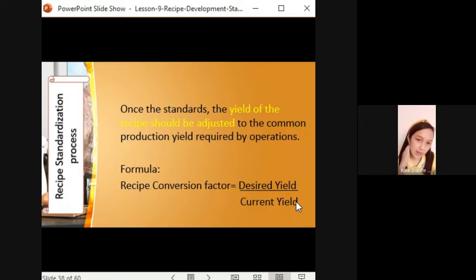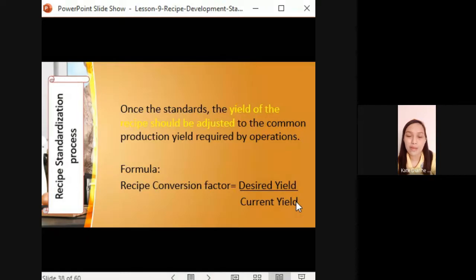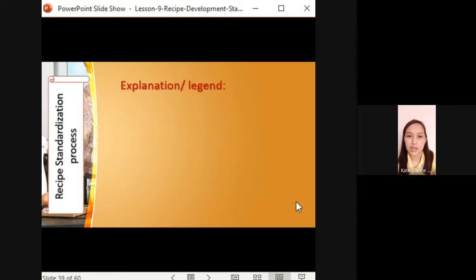Okay, naintindihan? Again, to get the recipe conversion factor, we will divide desired yield by the current yield. So when we say desired yield, this is our target yield natin versus the current yield. Okay, next slide, sir.